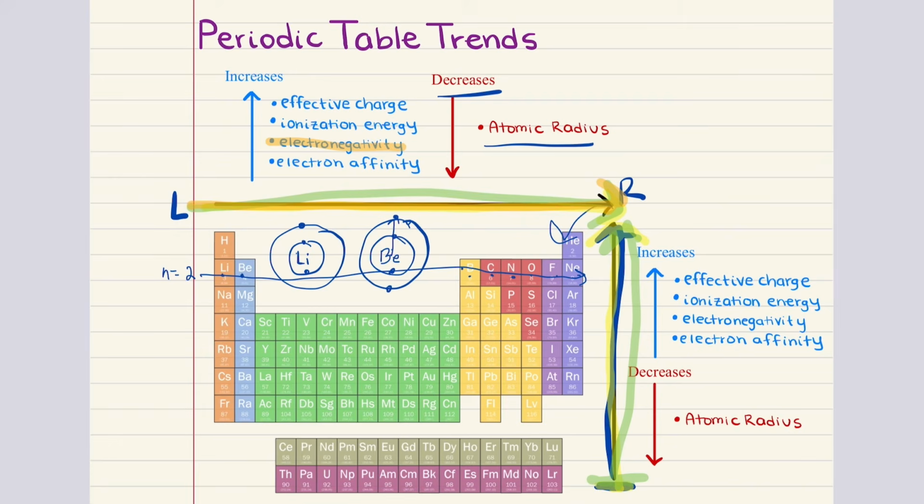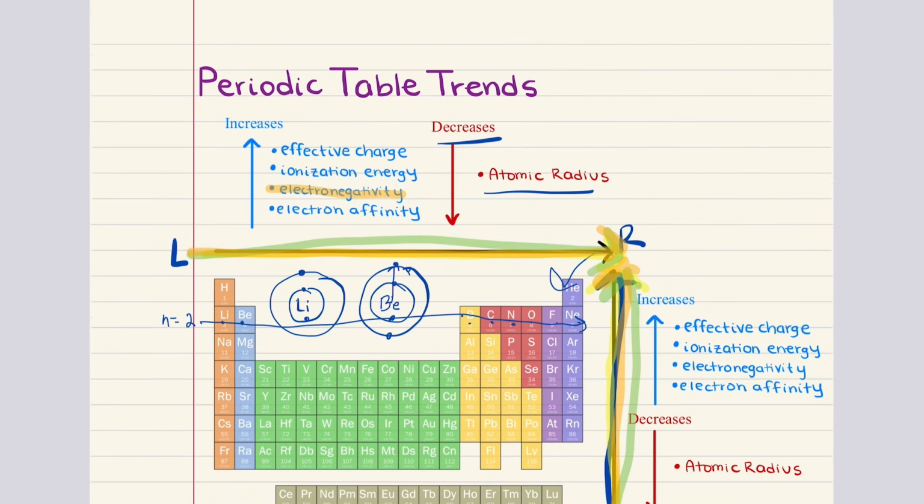All right, what about going from bottom to top? What's the trend for electronegativity? It increases from bottom to top because atoms higher up in a group have fewer electron shells, resulting in a stronger attraction between the nucleus and the valence electrons.